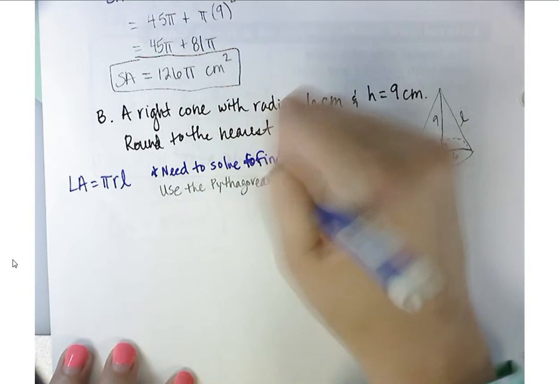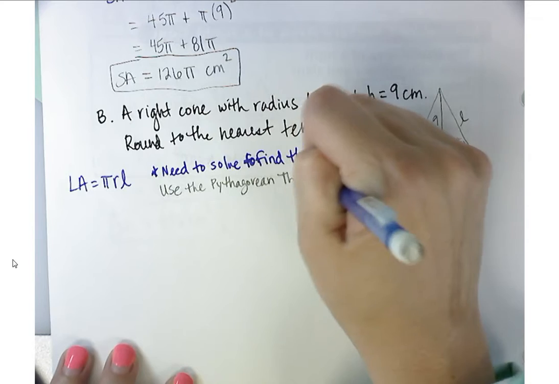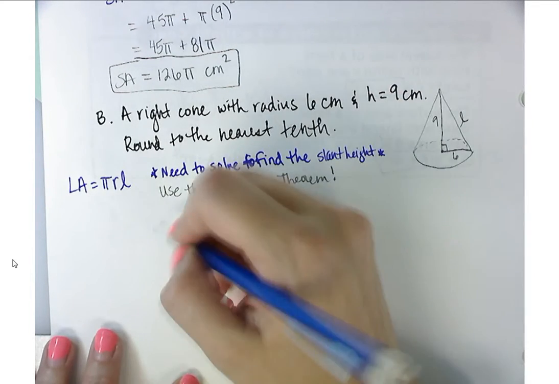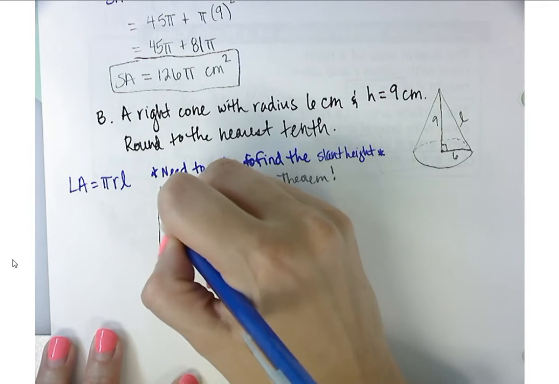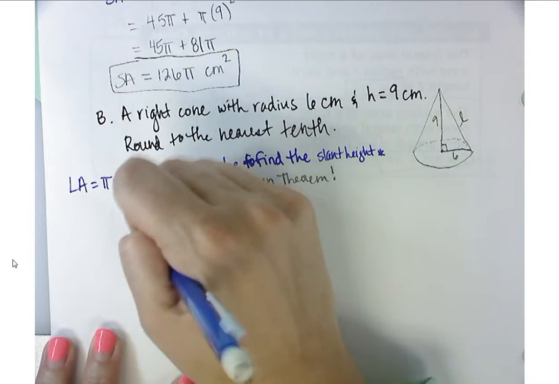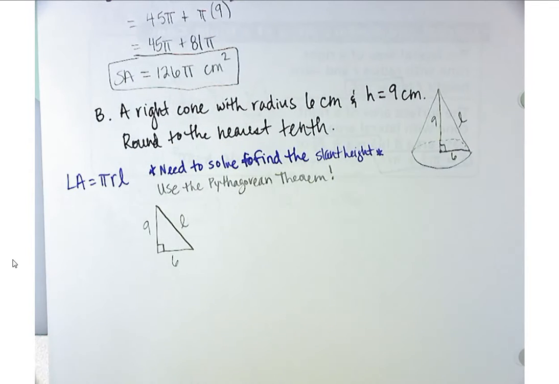It never goes away, does it? And it never will. So this part is 6, this part is 9, this is your slant height. Go ahead, set up your equation, and then solve for L.